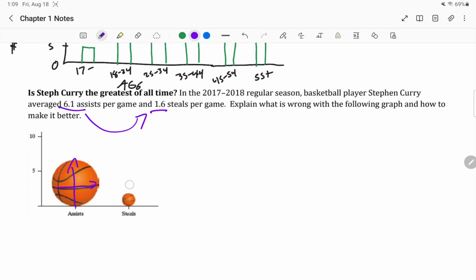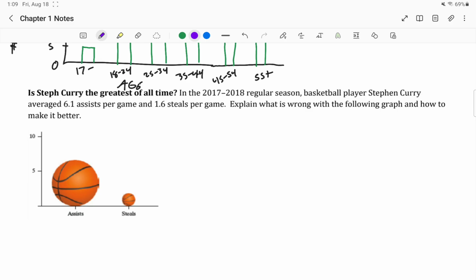That's the problem: people's eyes are going to latch onto the area and not necessarily the graph itself. So this, while accurate, is going to misrepresent, and people are like, wow, he has so many more assists than steals. And while he does have more, it's not as significant as this portrays it to be.